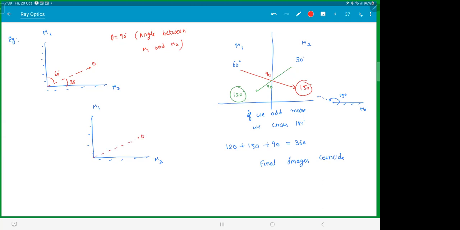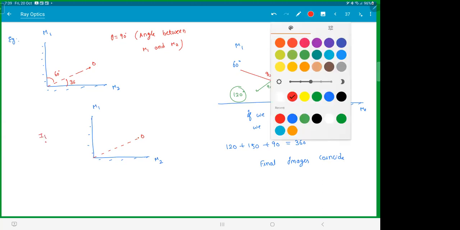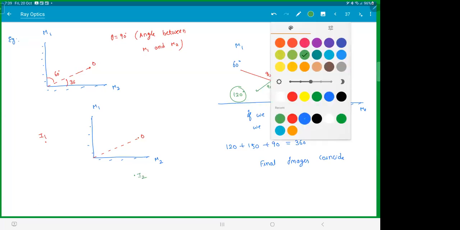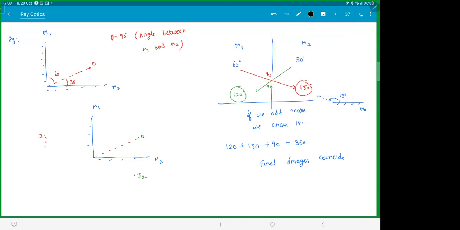This was your object. We get I1 here. We get I2 here. They will form an image here, I3 here. That will coincide.